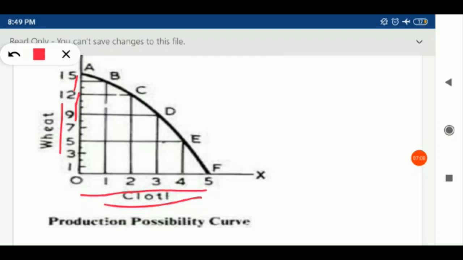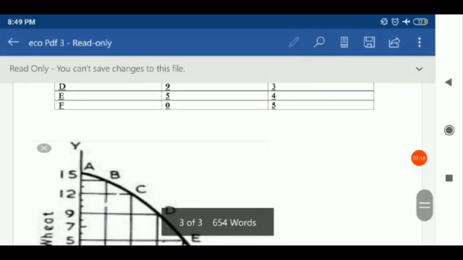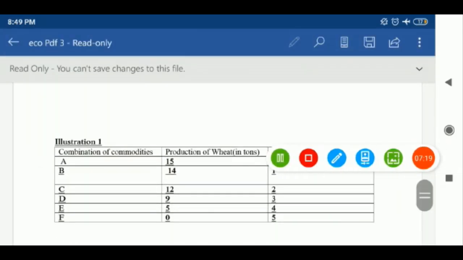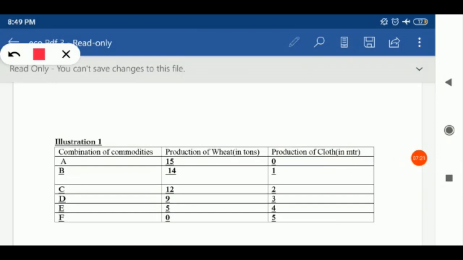Now suppose we have two goods, that is wheat and cloth. Let me explain with the table: if all the resources are utilized in producing wheat, then we can produce 15 tons of wheat with the available resources and technology.